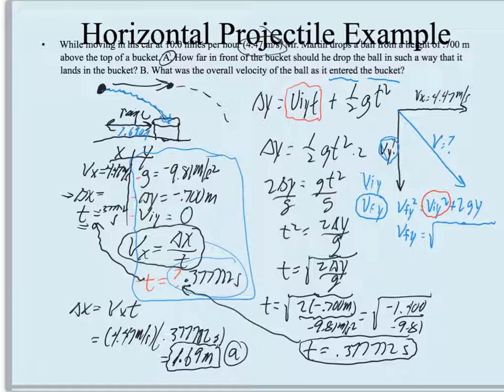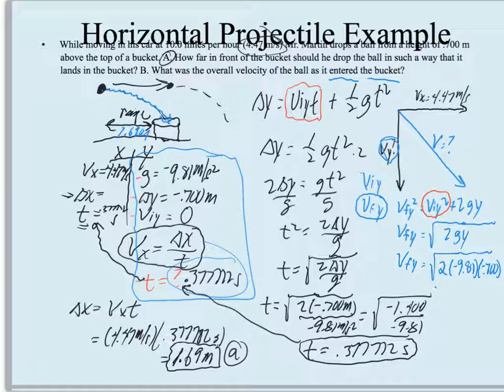And I'm going to put just 2gy into my formula. So continuing on, VFY equals the square root of 2gy, so it'll be 2 times negative 9.81, that's g, times negative 0.700.